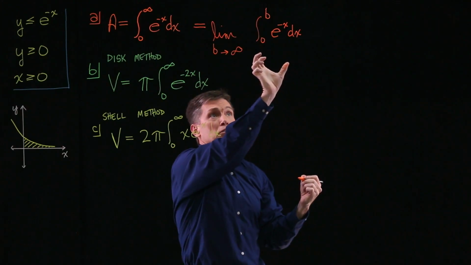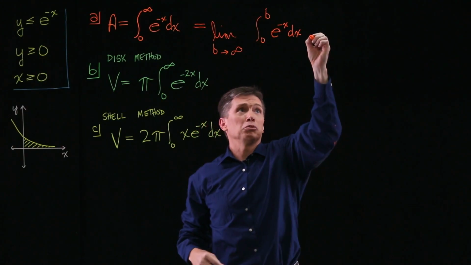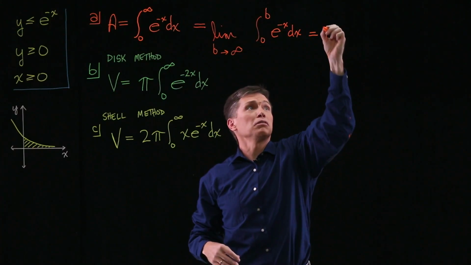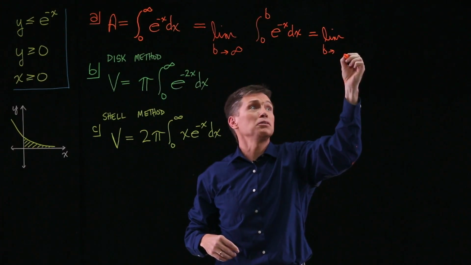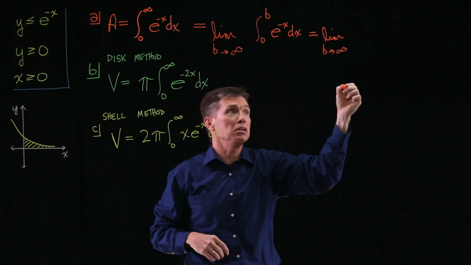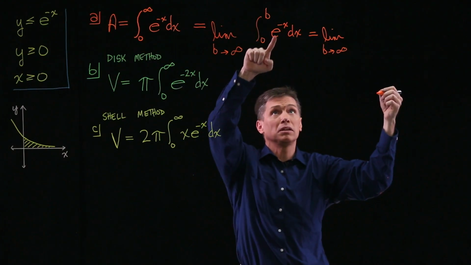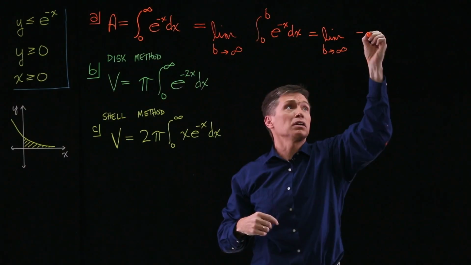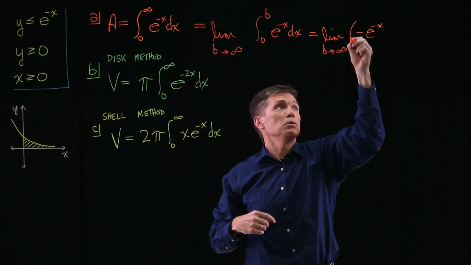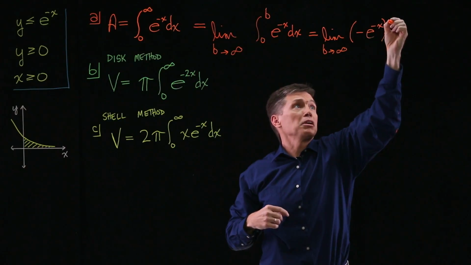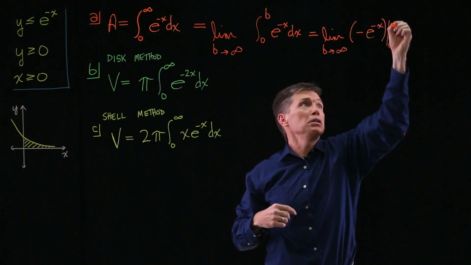Okay, now to evaluate that integral, this one's actually not too bad. I don't know if you've grown to love exponentials yet. They integrate and differentiate so easily. I still have my limit as b goes to infinity, but then this e to the negative x is just e to the negative x again, but you would have that extra factor of minus 1. And I'm evaluating that from 0 to b.